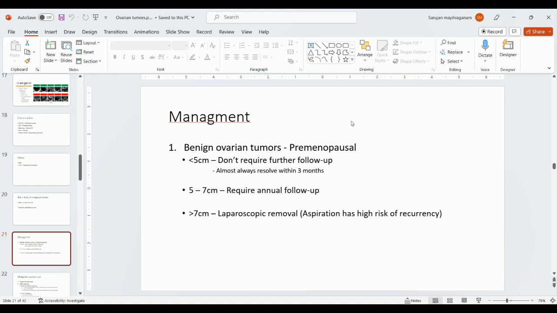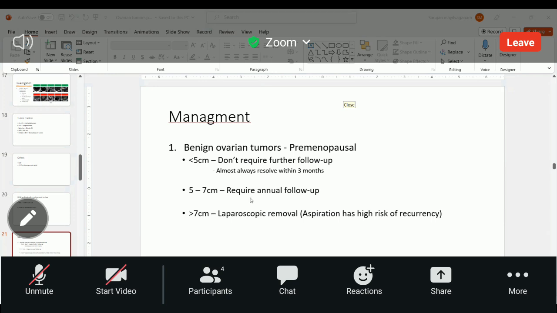Okay. And as I have told, if the size is less than 5 centimeters, we can reassure and discharge. But the problem is, if we find at any circumstances that the size of the tumor doesn't change, it remains at the same size, or the size is increasing over the last 1 year period, then we have to go for excision.